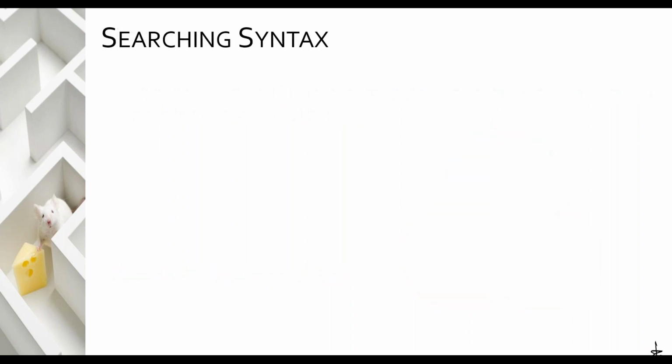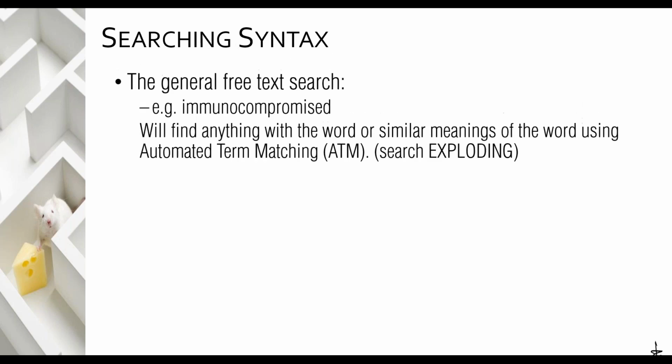Okay, now there are some searching language that you should understand. This is pretty much standard internationally. You can use them on any databases. Okay, so basically you can do a general free search. You take your topic and you just stick it in. And there's something called automated term matching.